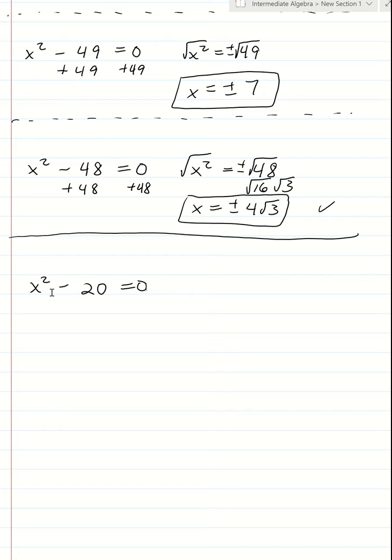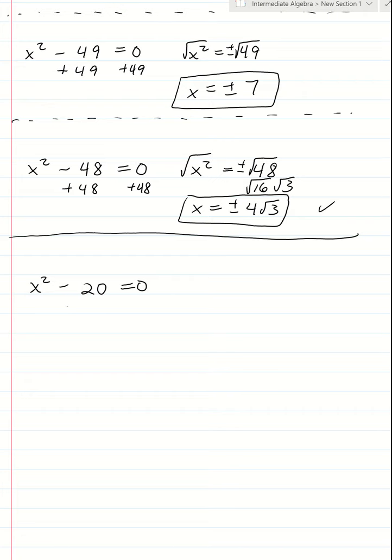Once again, if we look at this, we have a squared quantity of x squared, and we have the numerical quantity of 20. Even though we are subtracting them, this is not the difference of two perfect squares, so this is not factorable, but it is still solvable, because what we can do is use that square root method.